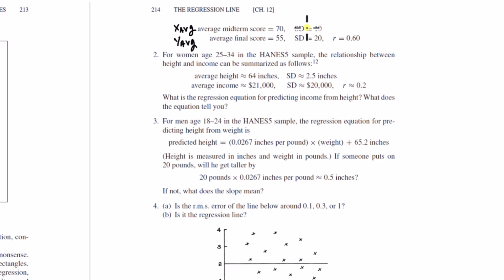It's R sigma Y over sigma X. So R is 6/10. So 6/10 is 3/5. Okay, now r times sigma y is 20, over sigma x is 10, so this is just 2.